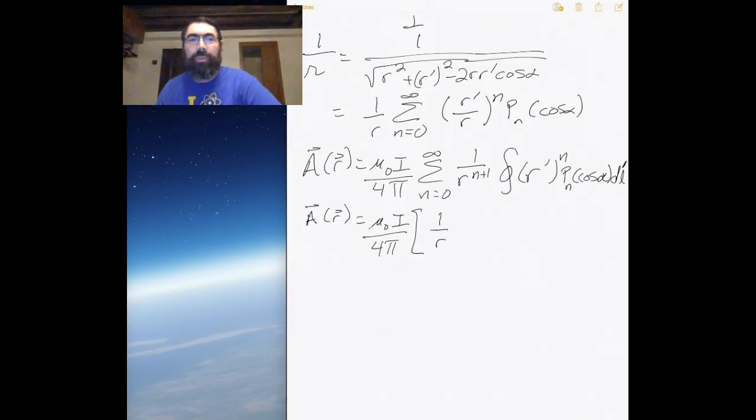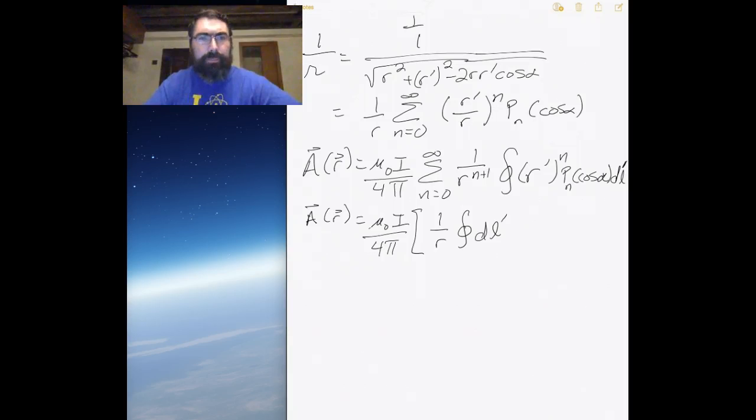So this is the n equals 0 term. 1 over r, the integral dl prime, because the first Legendre polynomial when n is equal to 0 is just 1. And if n is 0, then r prime to the n is r prime to the 0 is just 1. So we just get this term.